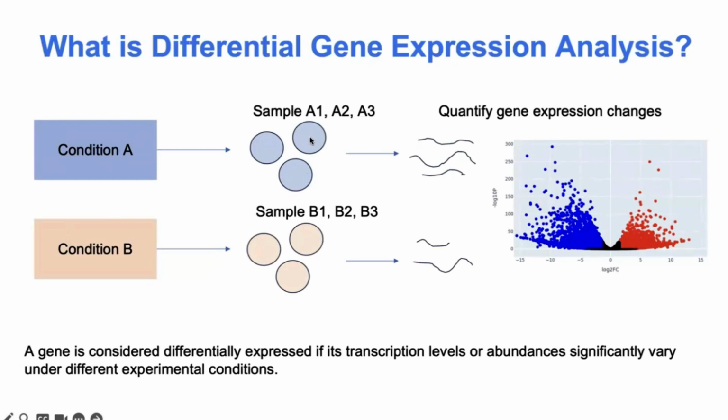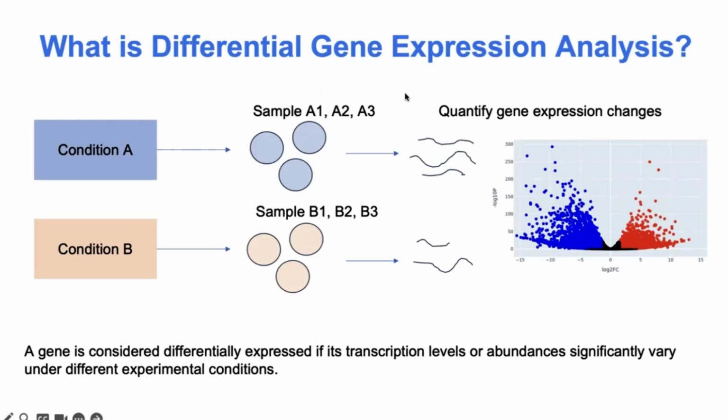Researchers will take a few samples from each condition and quantify the transcription level, or how abundantly a gene is being expressed. Usually this is done with microarray or RNA-seq experiments. Then for each gene, they'll test whether the abundances are equal between the two conditions using statistical tests.